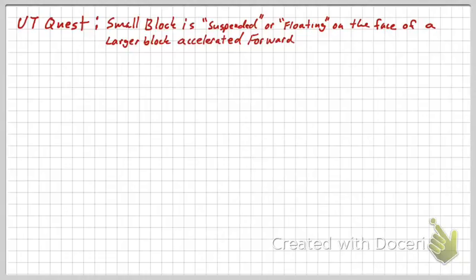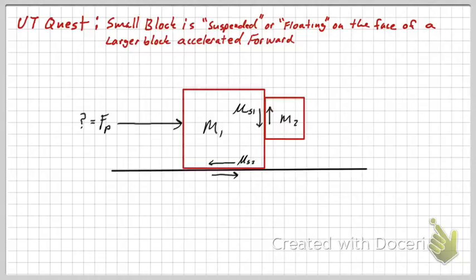And I think they start out by giving you this diagram. Let me back up just a little bit. Okay, so what we have is basically this diagram, and it's got a big FP pushing it. And it wants to know how much force is necessary to do that. And then they give you a little bit more information.